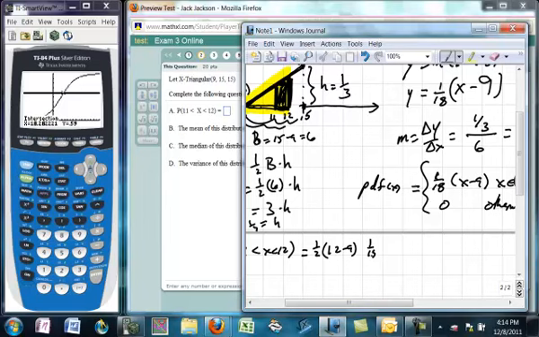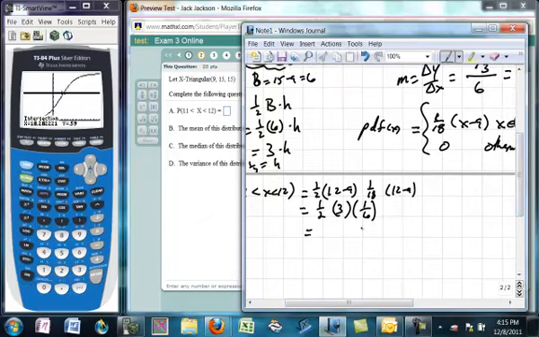So it's 1/18 times (12 minus 9), and 12 minus 9 is 3. So it's 1/2, the base is 3, and the height is 3/18, which reduces to 1/6. You work all that out, and I believe that's 1/4, or 0.25.